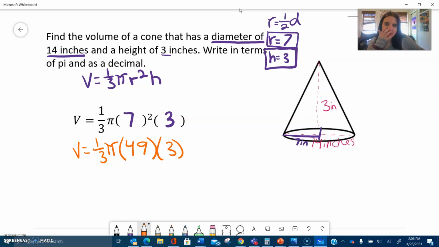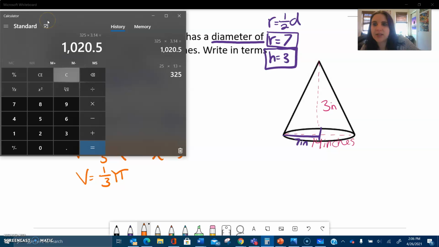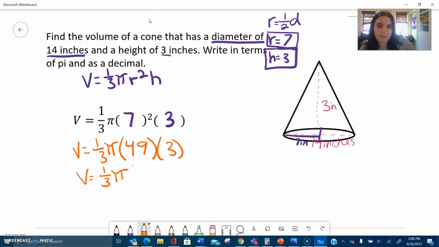So now I'm going to take all of this and simplify it by multiplying. So I have V equals 1/3 times pi, and now I'll do 49 times 3. So take out my calculator. 49 times 3 equals 147. So now I'll multiply by 147.